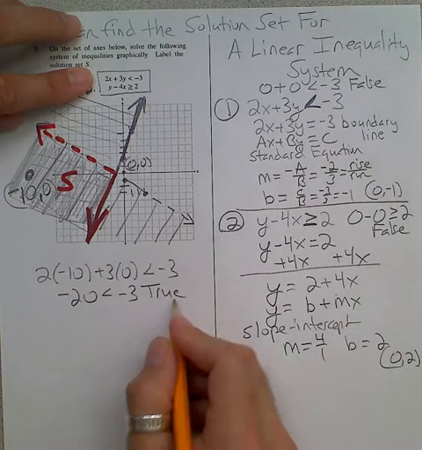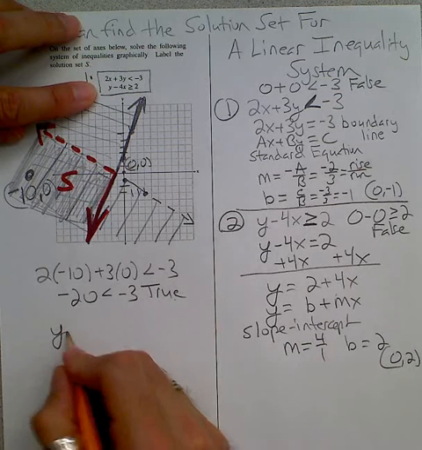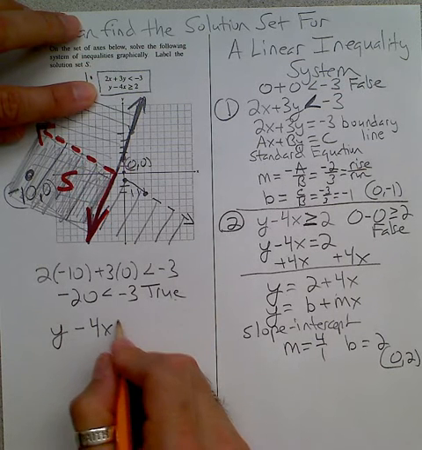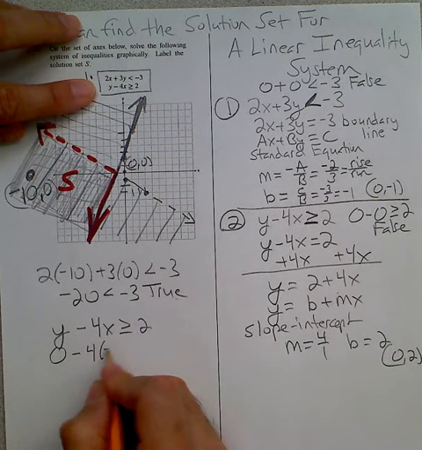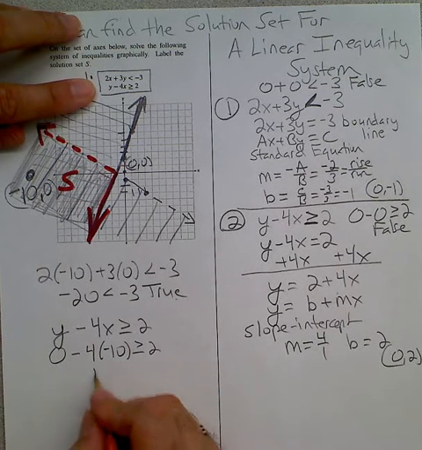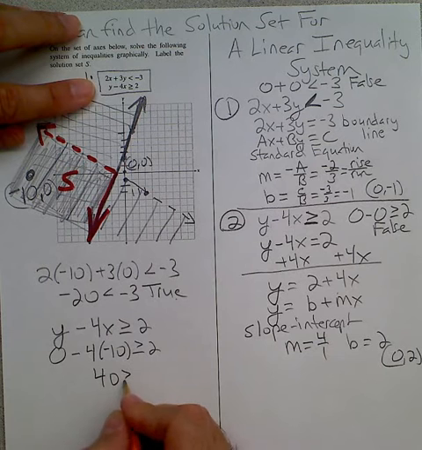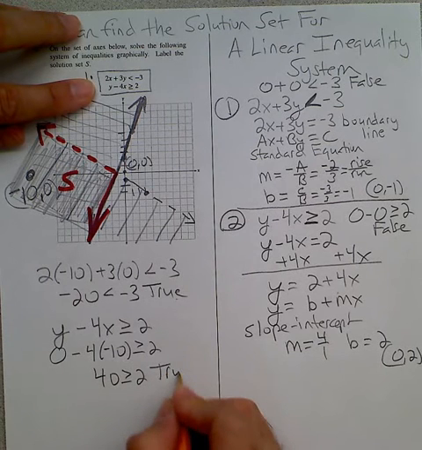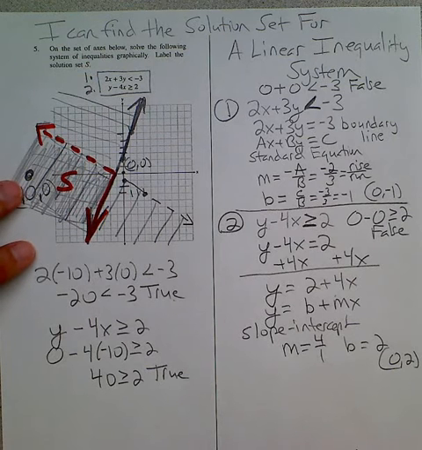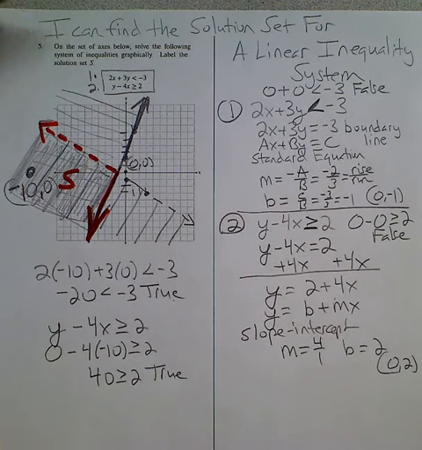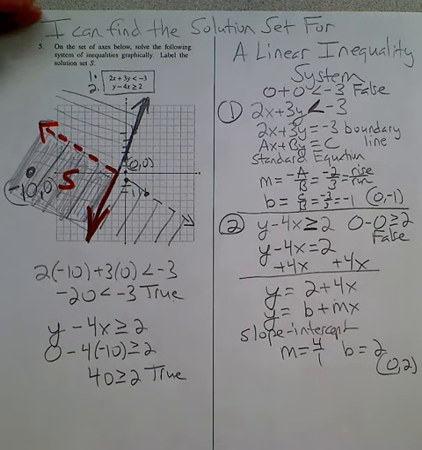The same should happen if I do that with my second inequality. And we can see that that worked, and we have our correct region. This is how I can find a solution set for a linear inequality system.